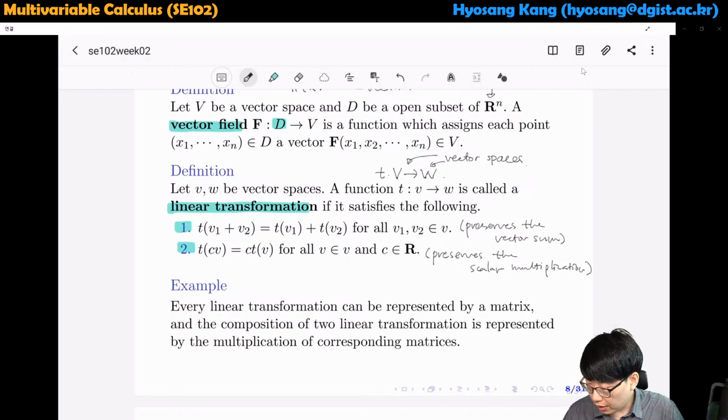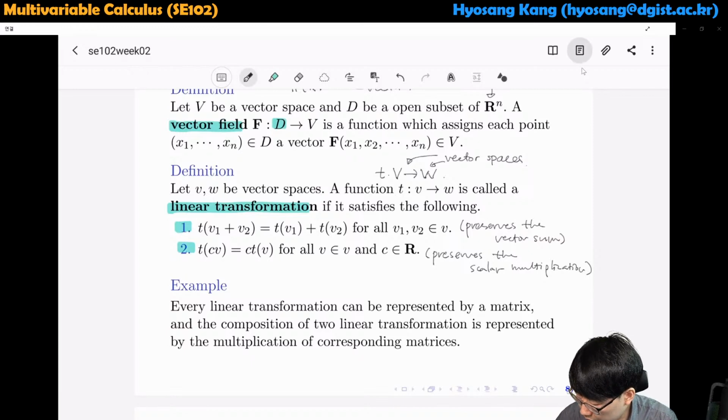It means you can multiply by your scalar either before or after applying the transformation, and the results are the same. An important thing about linear transformations is that you can always represent a linear transformation by a matrix, and matrix multiplication represents the composition of linear transformations.